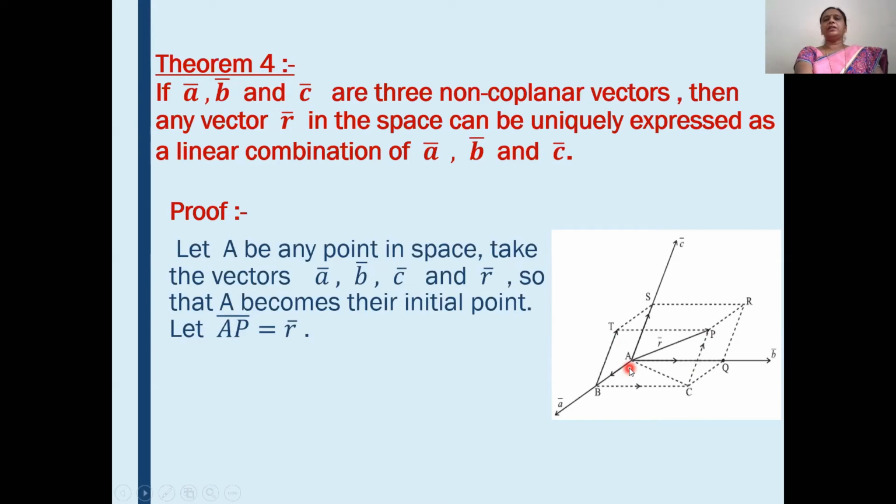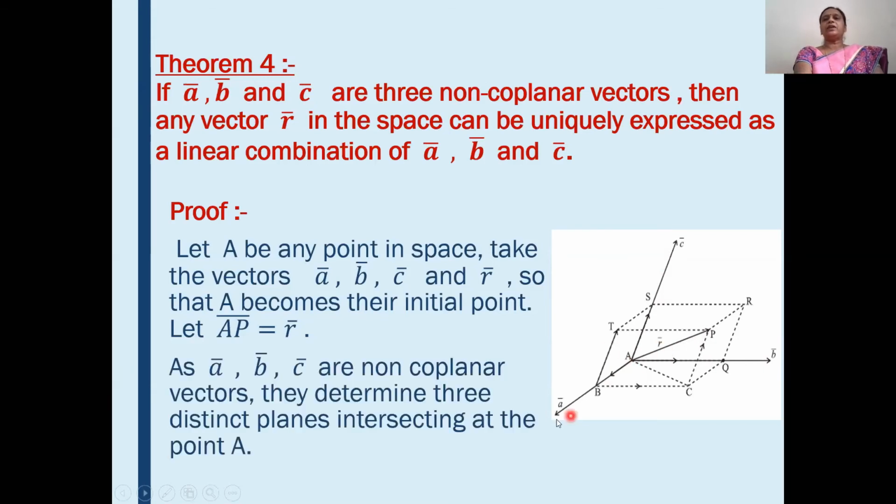A is any point in space, then a bar, b bar, c bar and this r bar are vectors such that A is their common initial point. Now let this distance AP bar be equal to r bar. See the diagram, this AP bar is denoted by r bar.